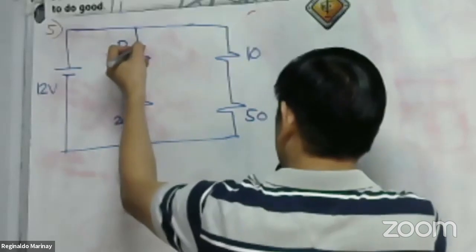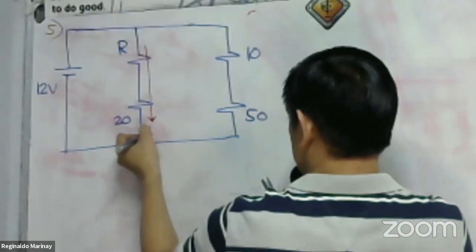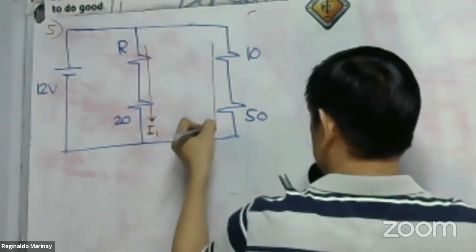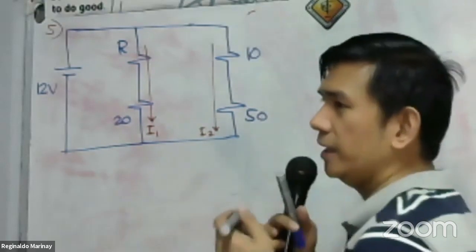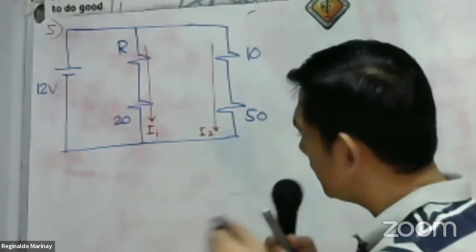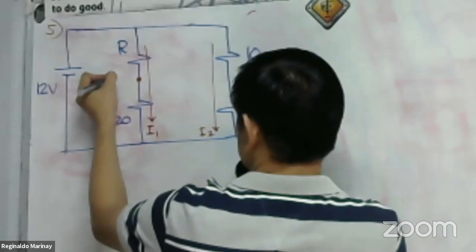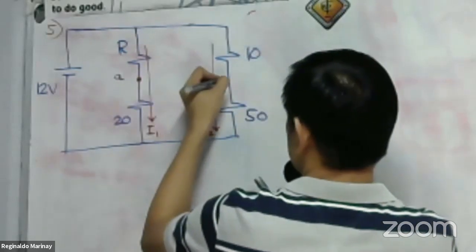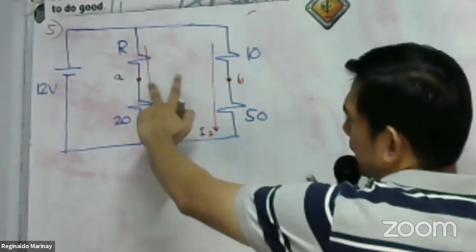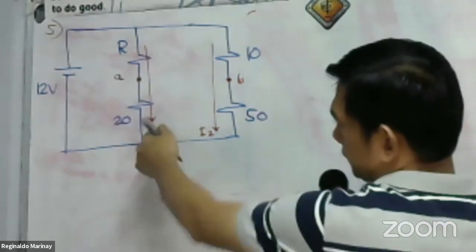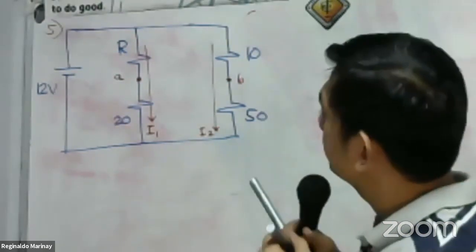Let us have a current. This is our I1. This is our I2. The voltmeter is just being tapped at this point. Let's say this is our point A, and this is our point B. You just tap, then I remove the voltmeter.